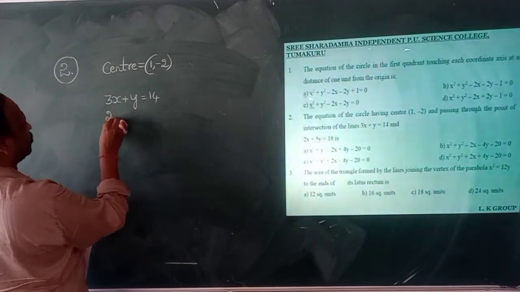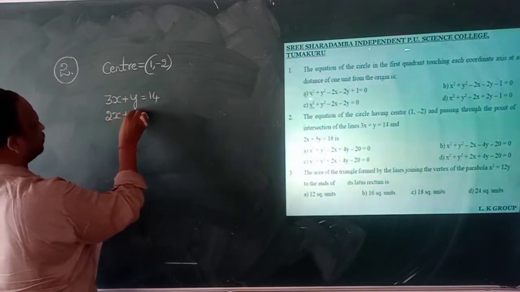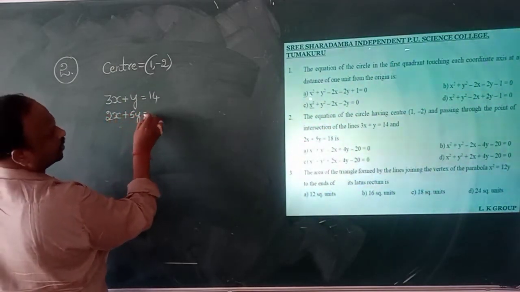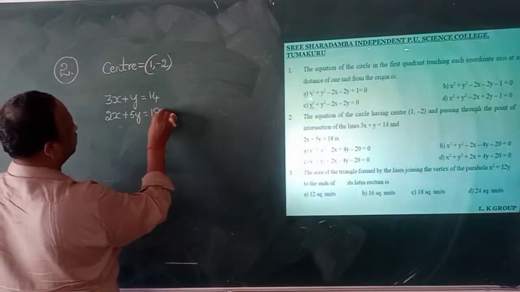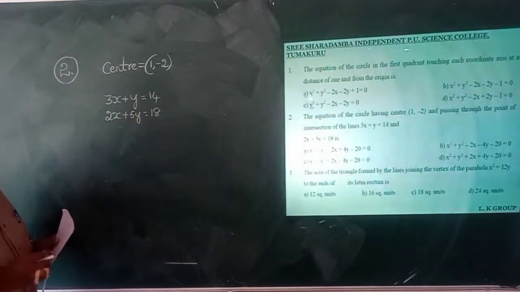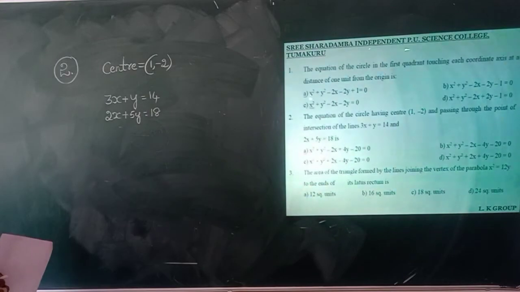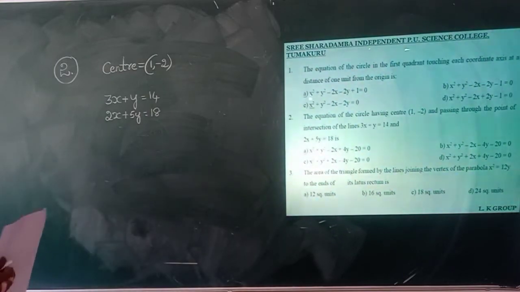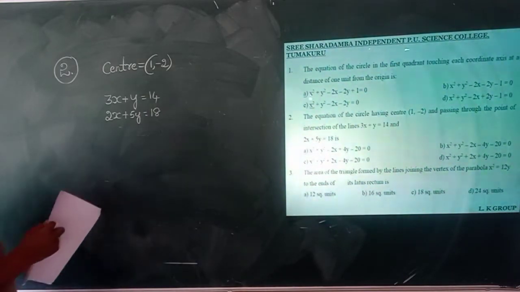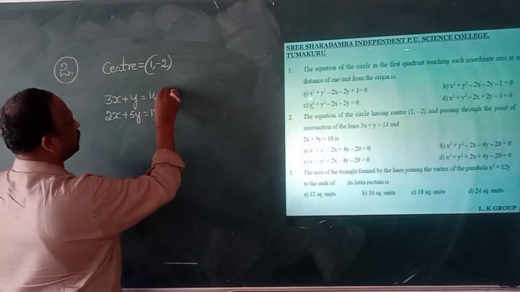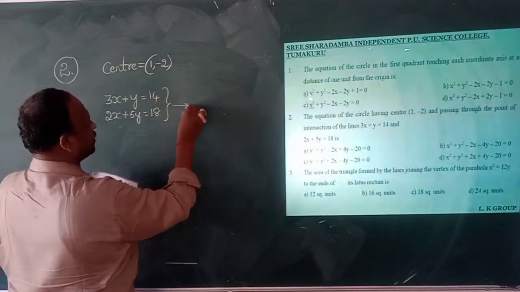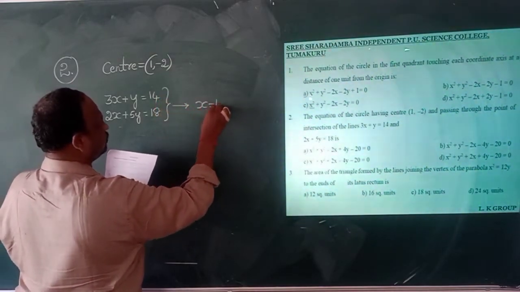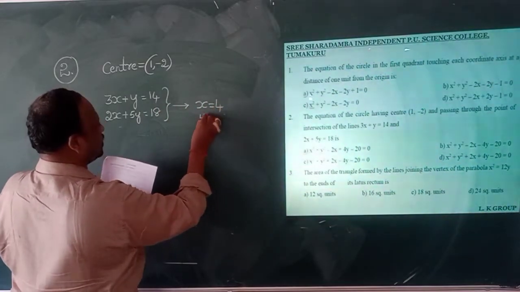The second line is 2x plus 5y is equal to 18. Find out the point of intersection of these two lines. After simplification you will get x is equal to 4 and y is equal to 2.